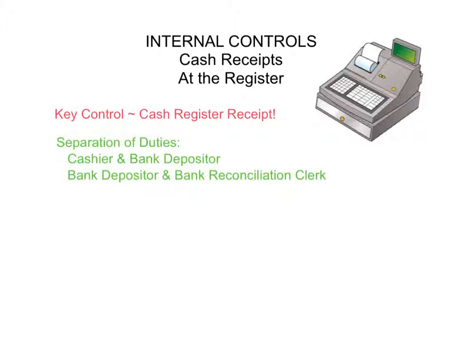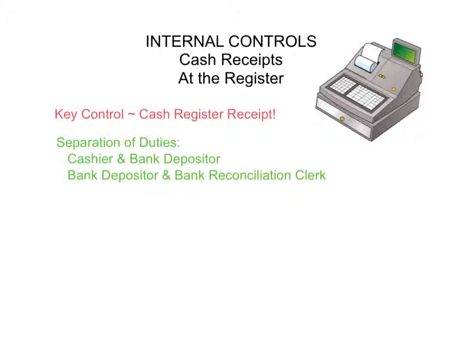The next separation of duties that needs to be in place is that the person who actually deposits the amount in the bank needs to be a separate individual than the person that is performing the bank reconciliation.